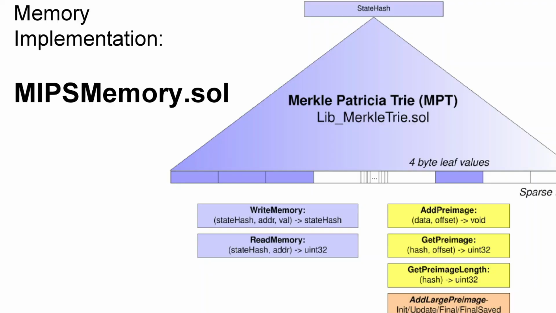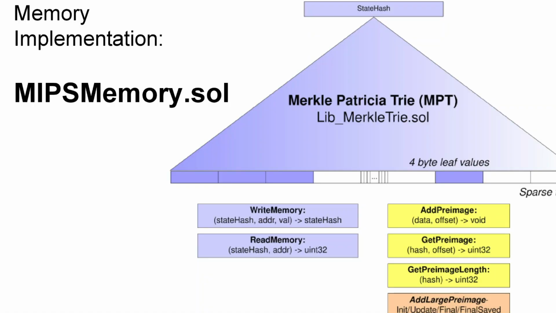And then the preimage oracle stuff is the harder part, where we're not interacting with the Merkle-Patricia trie directly, but instead we're like a shim. We're catching the read in the load instruction, and then instead of calling the read memory function, we call the get preimage oracle function to get like 4 bytes of preimage data from our preimage memory.